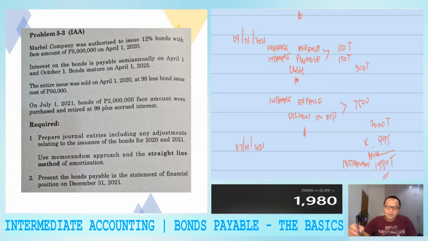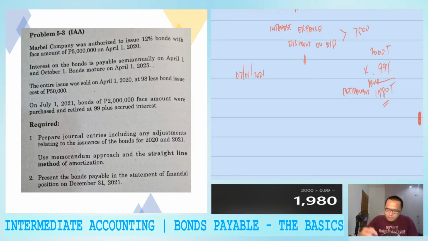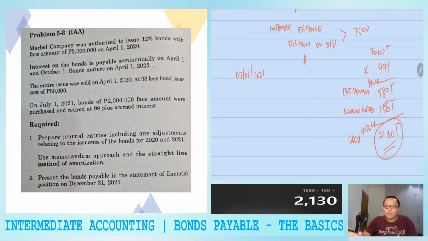So again, the 3 months interest natin, di ba, that is 150,000. Kuha ninyo? Retirement price plus accrued interest of 150, the total cash outlay for this retirement, we have 2,130,000. Okay?